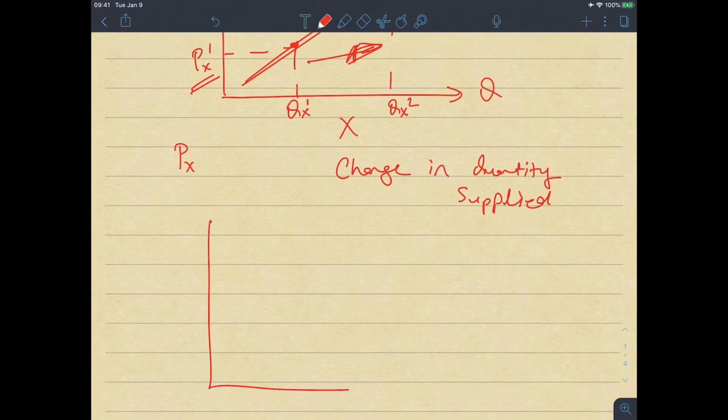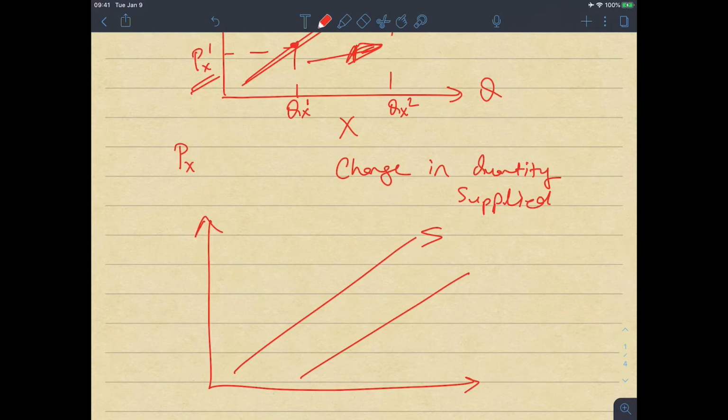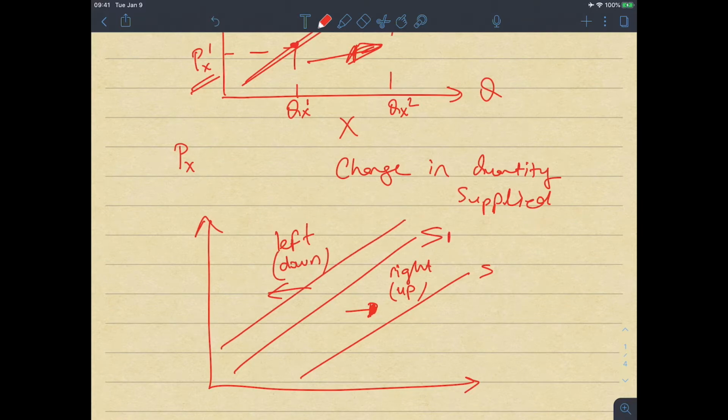However, when a non-price factor changes, the supply can shift to the right. We will call that shift right or up, the same thing, or left or down. So let's say S1, S2, S3.